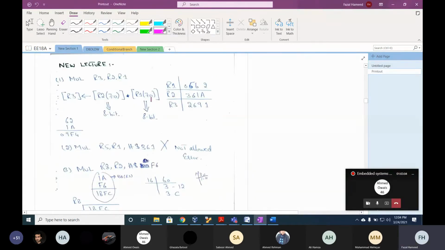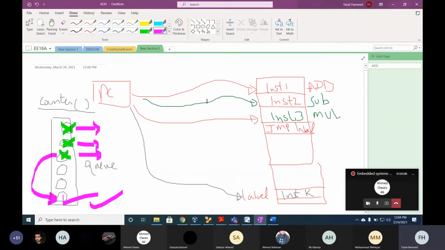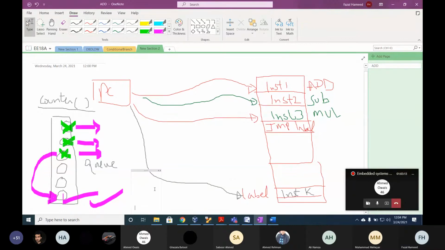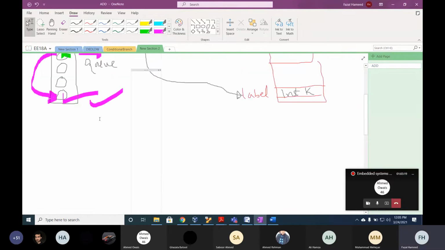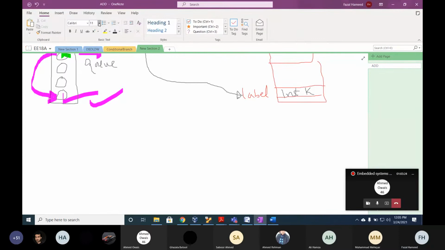So now we study the multiply instruction. Now it's a question: if we add two different numbers, so I'm writing this, if we add two n-bit numbers, what will be the size of the destination?